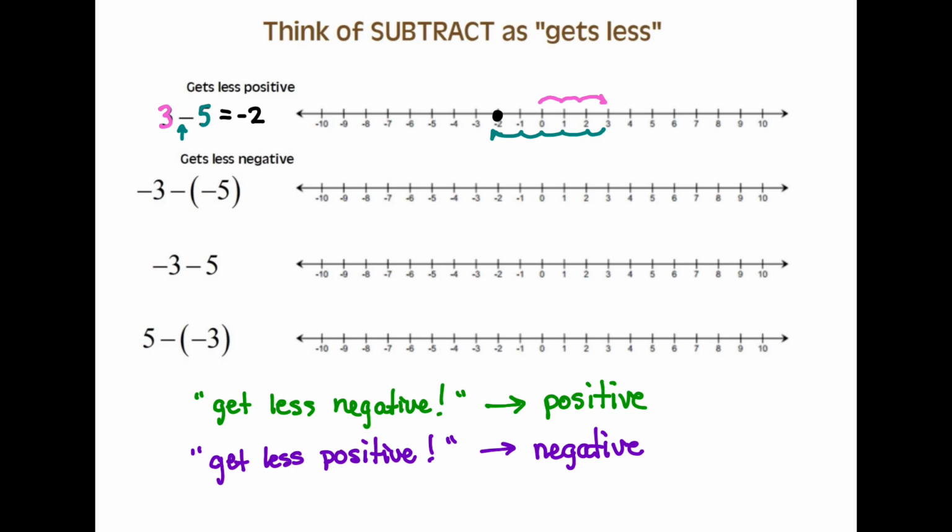Okay, so next one. First number is negative 3. Start at 0, 1, 2, 3 to the left is negatives. Okay, now I want to get less negative. In other words, getting less negative, I'm going to go positive. 1, 2, 3, 4, 5. I end up at positive 2.